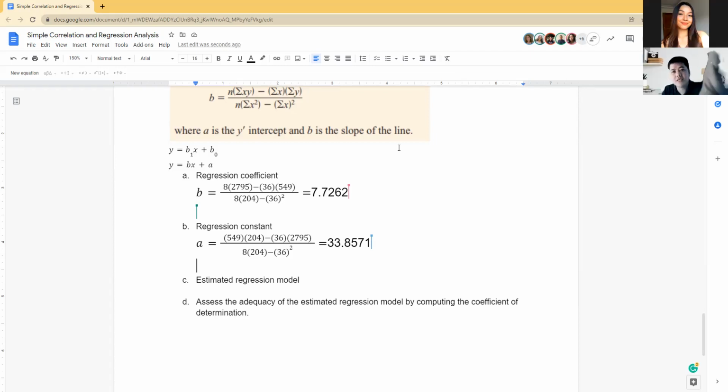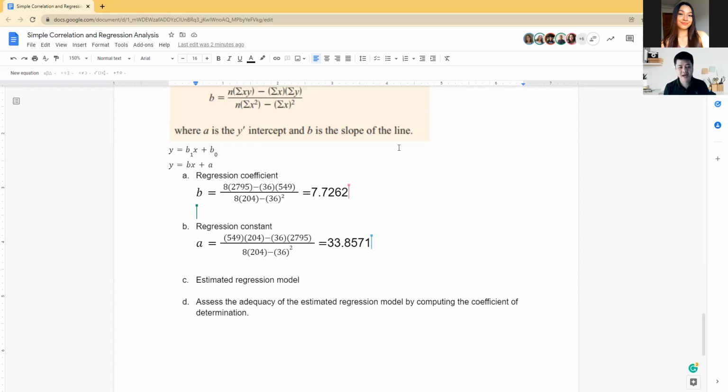Okay, in other cases hindi nagme-make sense yung y-intercept or itong regression constant kasi in real life hindi siya nag-exist. Kunyari ang lowest possible dun sa y mo ay 10 pero nakuha mo dun sa regression constant ay for example 5, since hindi siya pasok sa domain, minsan nangyayari lang yung regression constant para lang ma-direct yung line.